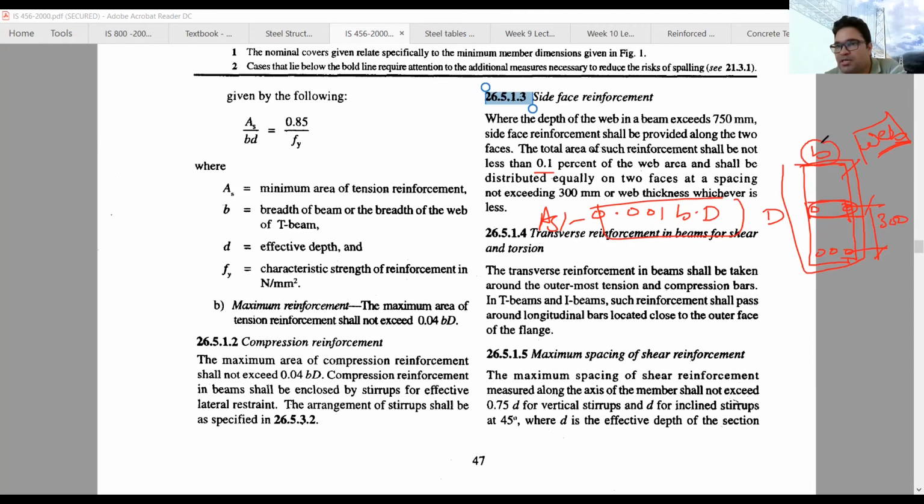Thickness of beam is B. So either it is 300 or B, whichever is less. If B value is 200, in that case, the distance between this reinforcement and this reinforcement should not exceed 200. So this is how we check it. If we get any example related to this case, then we will do that using the example.